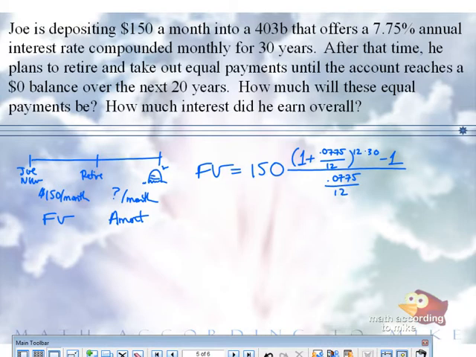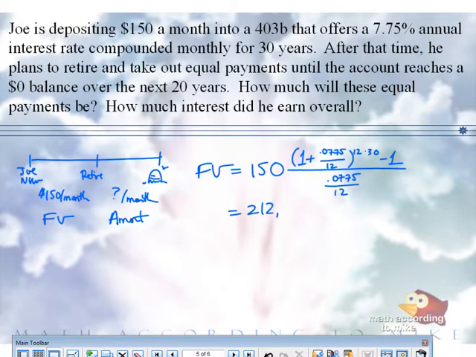Now what I don't have in the problem is that we're going to assume that interest rate is constant over the entire 50 years. That's not how life actually works, because if it's a 403B, it's going to vary with the market. So that rate will fluctuate. So how much will Joe have when he hits retirement?